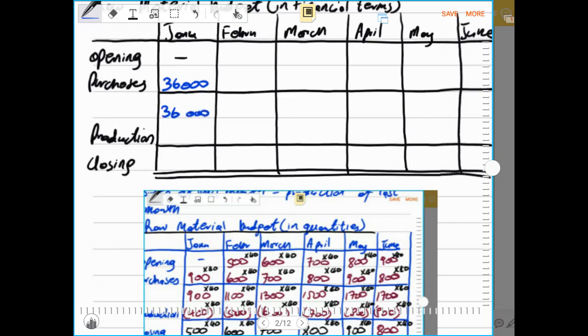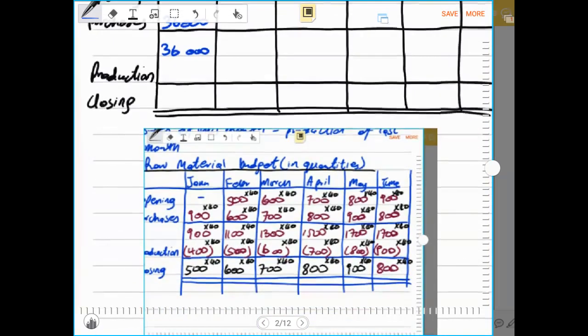And production for this month, there was less production, and production would have been 4 tons by 40. That will be 16,000, and 16,000 less 36,000 will give us a total of 20,000 rands.